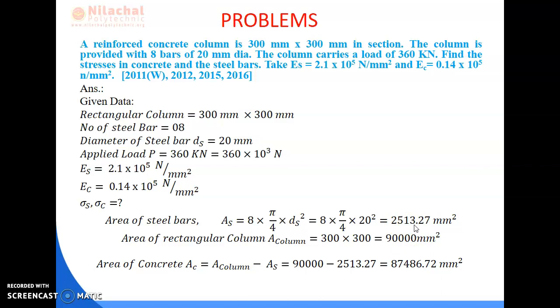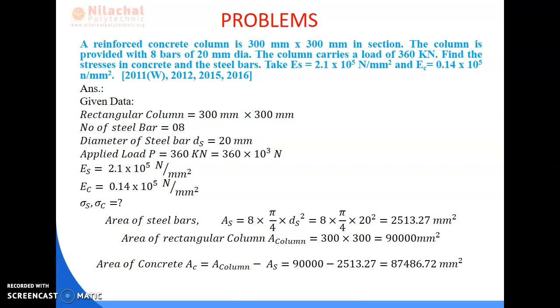The area of the rectangular column will be 300 into 300, that is 90,000 mm square. In the case of a composite bar, we have steel area and concrete area.